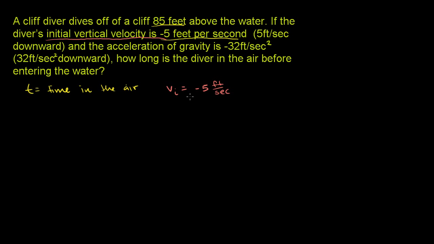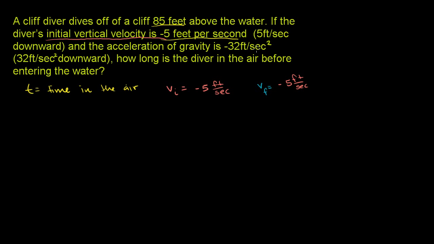Now, what's going to be his velocity right when he enters the water? What's going to be his final velocity? He's going to start at negative 5 feet per second. That's his initial velocity. And every second that goes by, he's going to be going negative 32 feet per second faster.